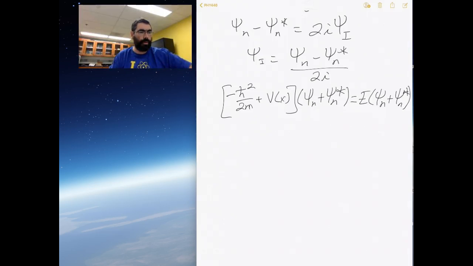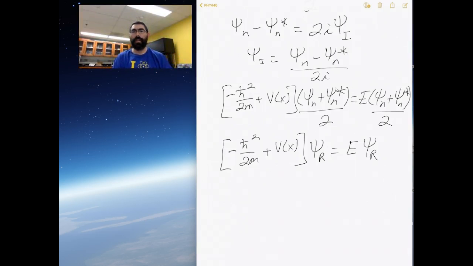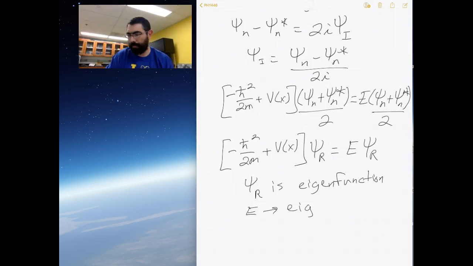Now, if I divide those equations by 2 on both sides, I have the Hamiltonian operating on the real part of the wave function psi sub r. So that means that psi sub r is an eigenfunction in its own right with the same eigenvalue of E, same as psi n and the same as psi star n.